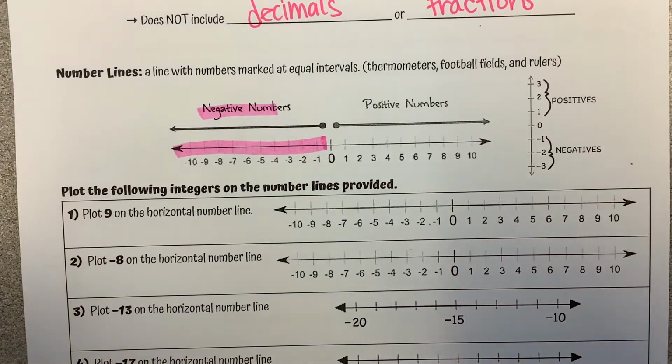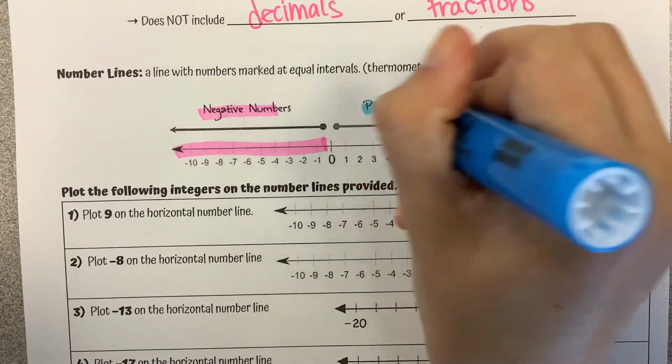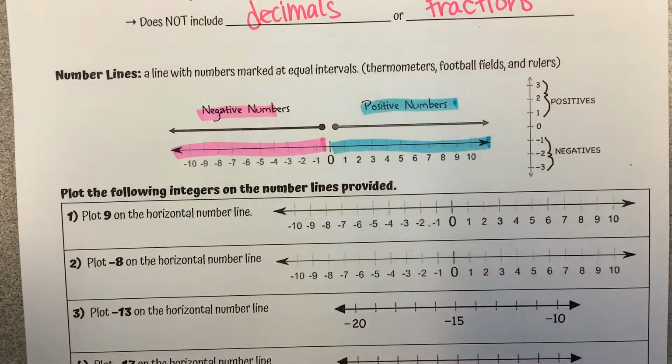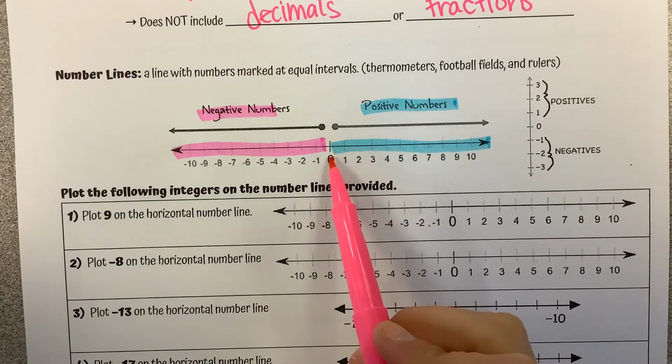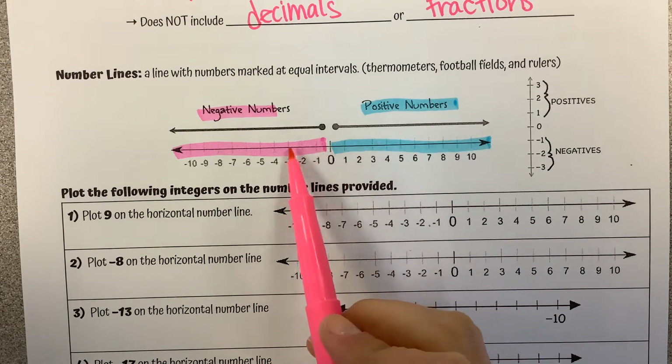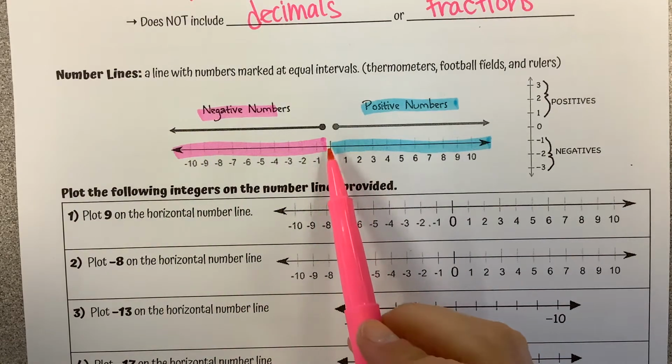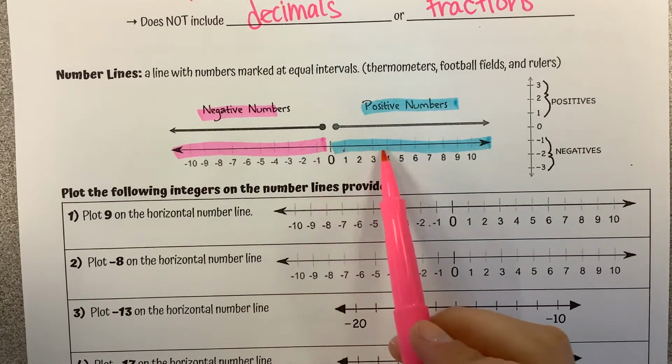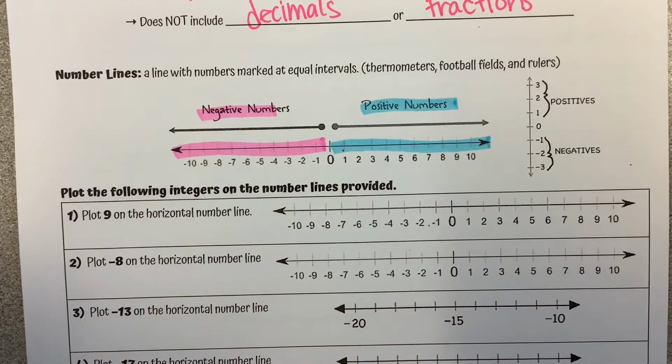Our positive numbers are as we go to the right, okay? And it works opposite. So remembering, we're kind of working backwards. If I start from 0, I'm going -1, -2, -3 towards the left. For negatives, positives, I'm going 1, 2, 3 to the right, okay?